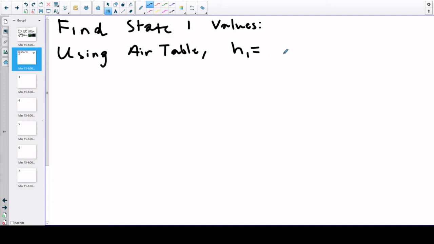We found that H1 is 124.27 and PR1 is 1.2147.